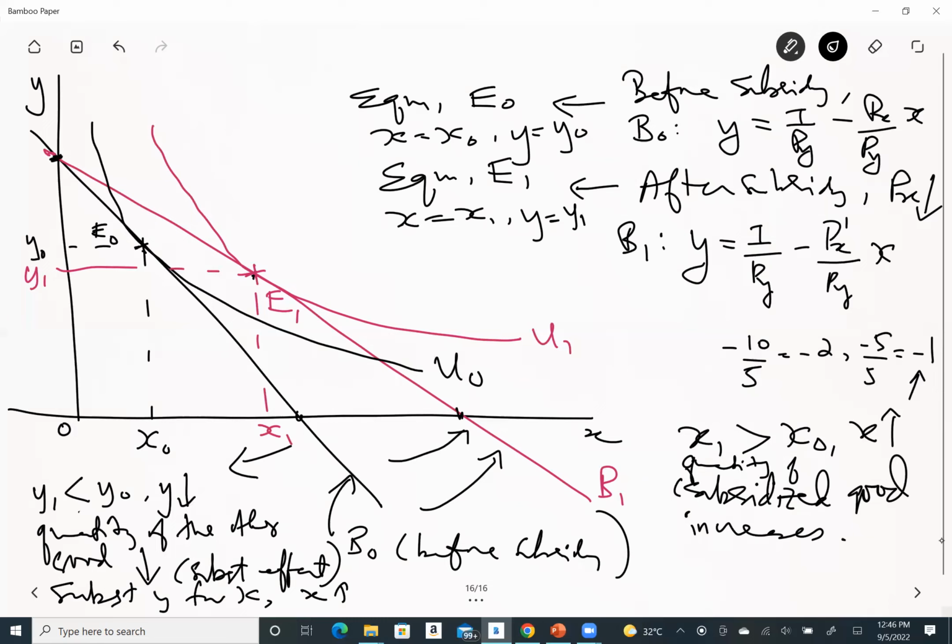So here, there are 2 effects. When you are given subsidy, the price of that good decreases. There will be 2 effects. 1, income effect. You have more real income. All right. Here, I over PX. And then I have the substitution effect. You consume more of the cheaper good. Okay. You consume more of the cheaper good. That is the substitution effect. So that is what I want to write down.